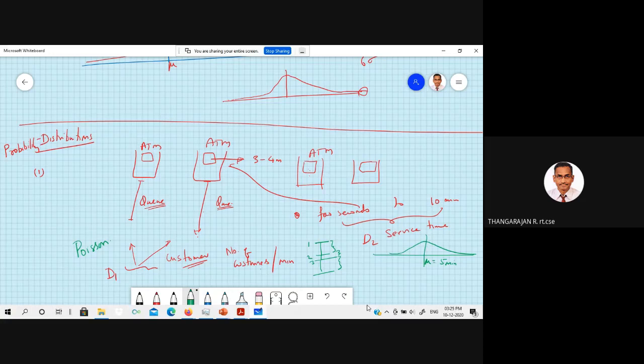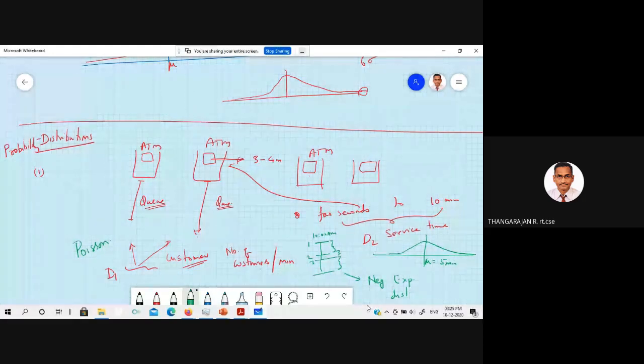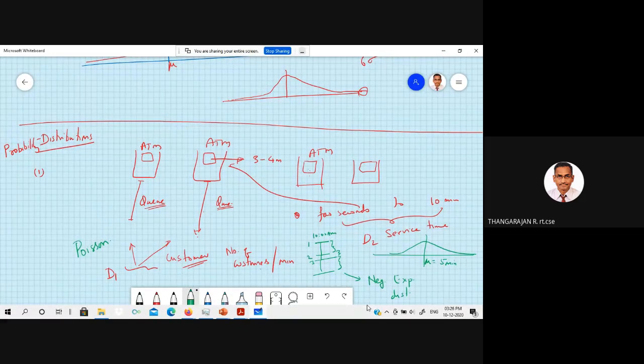Say the first customer arrives at 10 a.m. When will the next customer come, after how many seconds or minutes? If you want to model that, then we have to go for a distribution called negative exponential distribution.